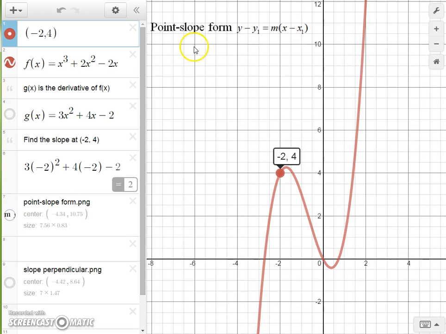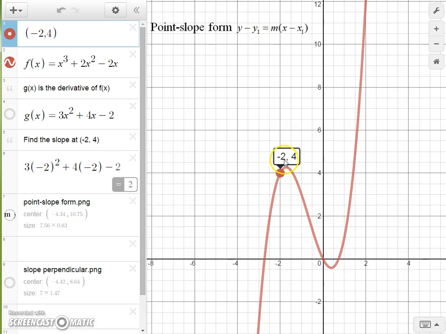So over here, this is the form of an equation of a straight line, and the name is called the point slope form, where x1, y1 are just the x and y coordinates of a point on the line.